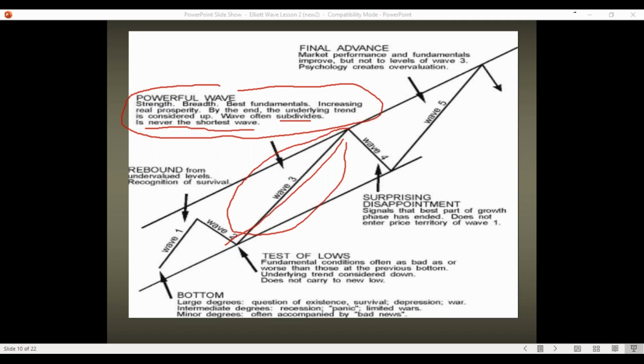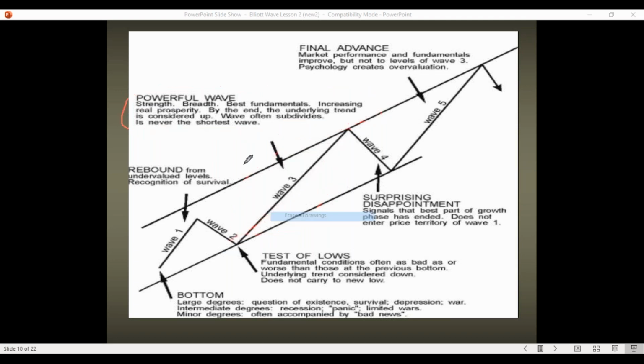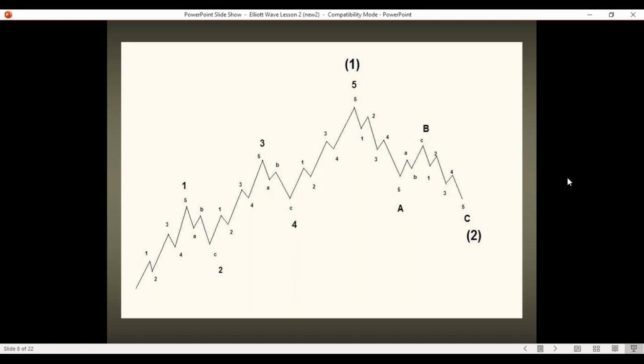If we go back to that chart, remember wave one, you don't really trust that the bottom is in. Wave two, you're still seeing conditions are still bad.